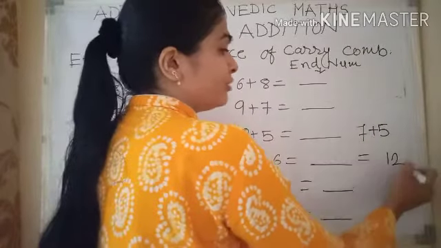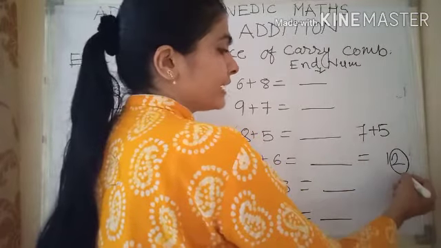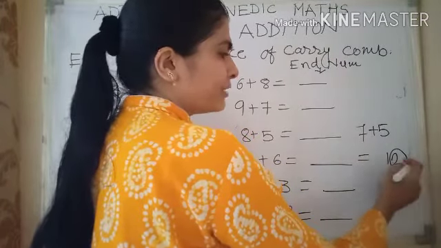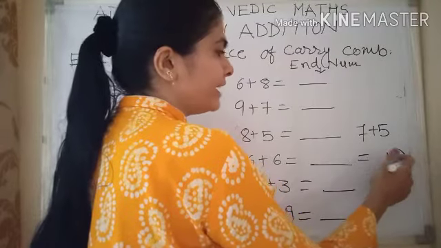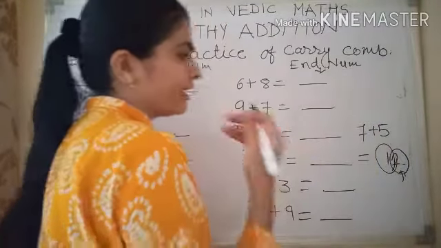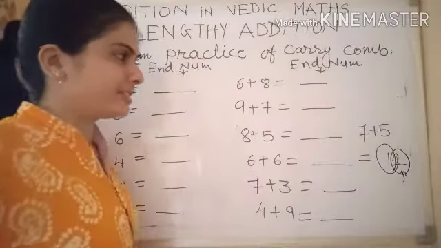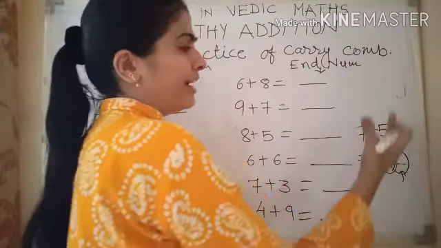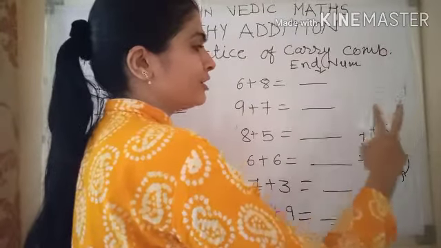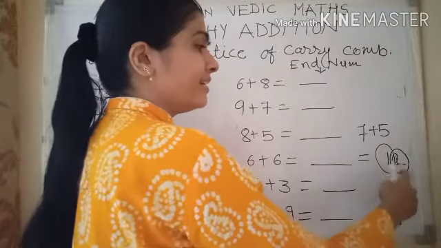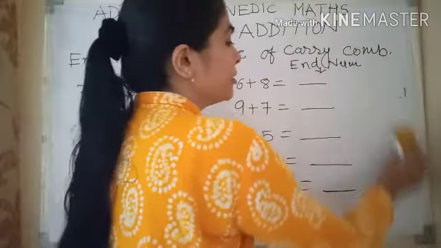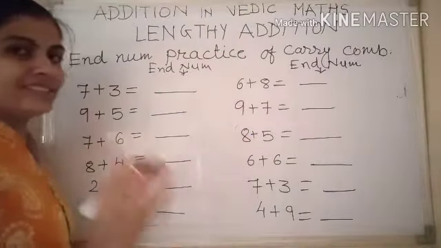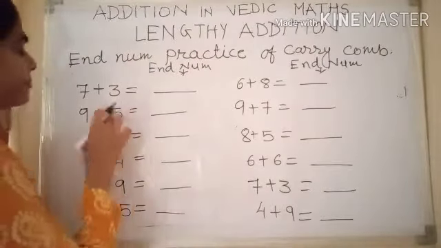So we need to remember only this 2, which is at the unit place. This is the end number. We need to remember this 2 only, and keep 1 in our mind as we have discussed. So we are going to write only the end numbers. Whenever we look at two numbers, we should think about the end numbers and write only the end numbers, because this practice is needed in the lengthy addition.